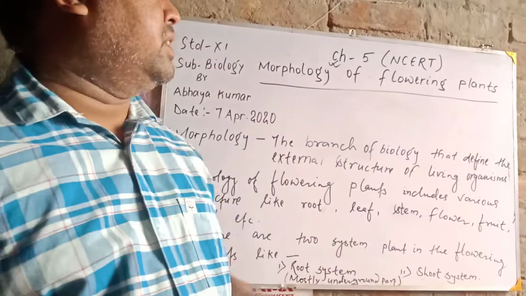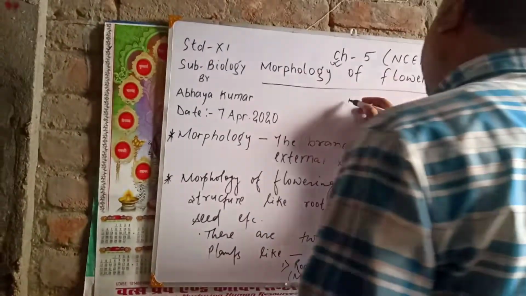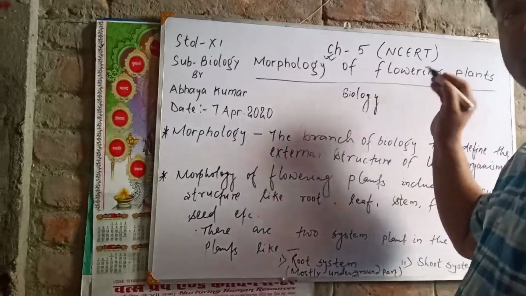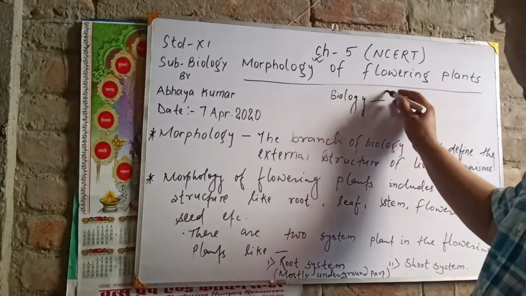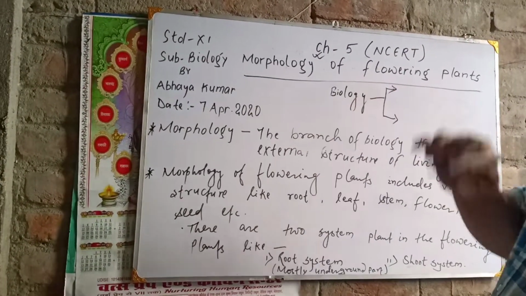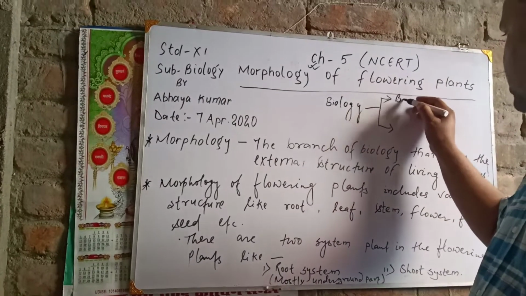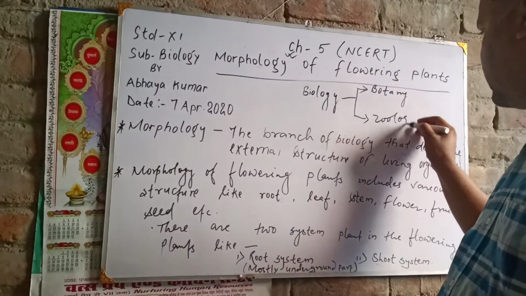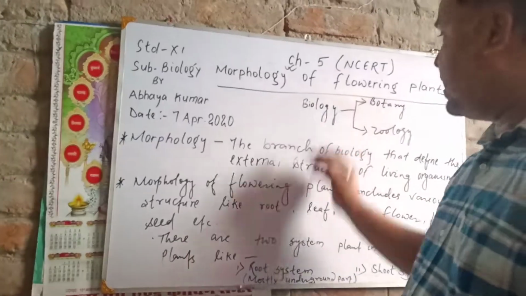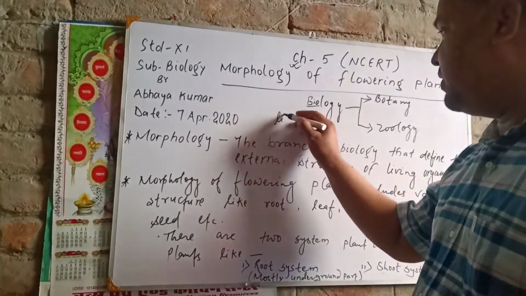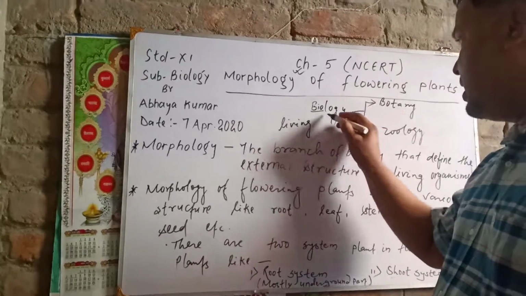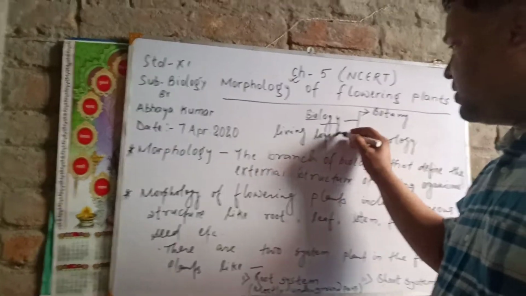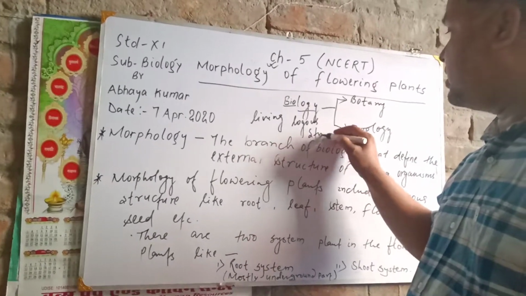There are various branches of biology. As you all know that biology is classified into two main groups, botany and zoology. Bio means living and logos stands for study.